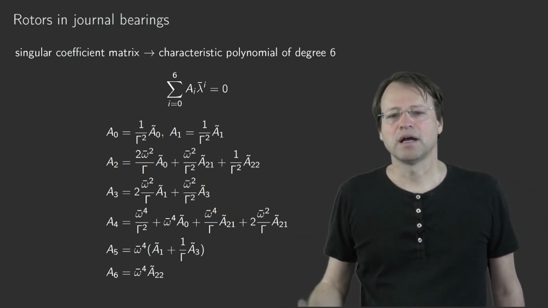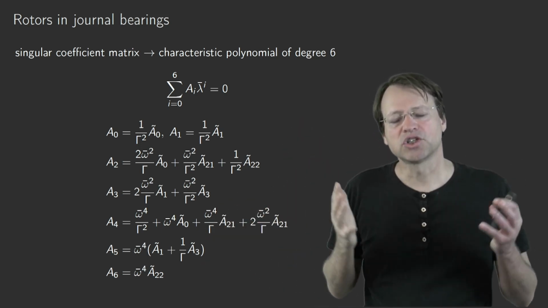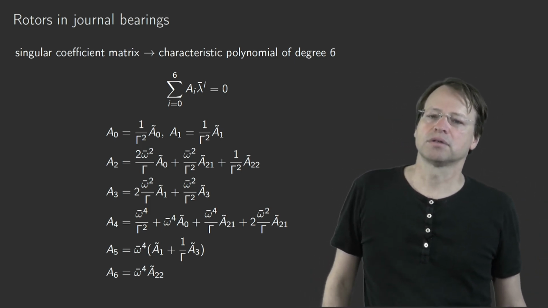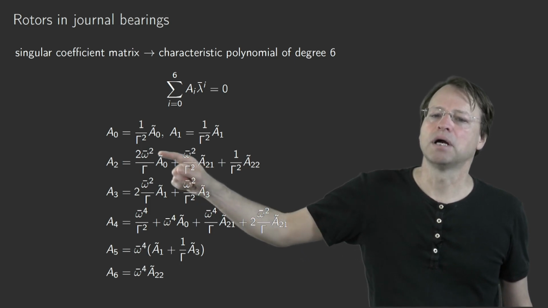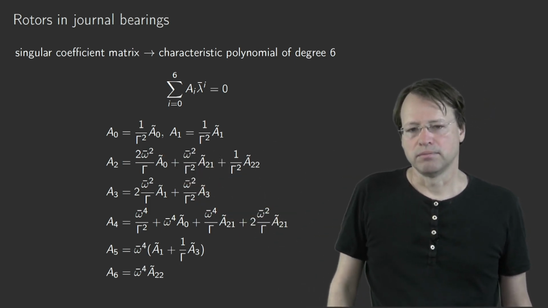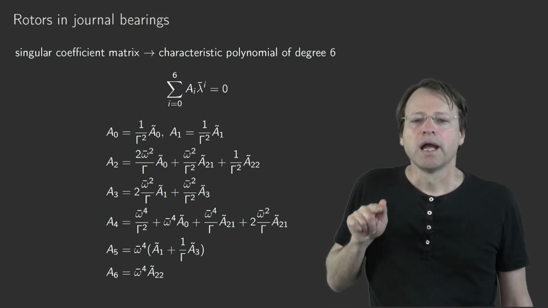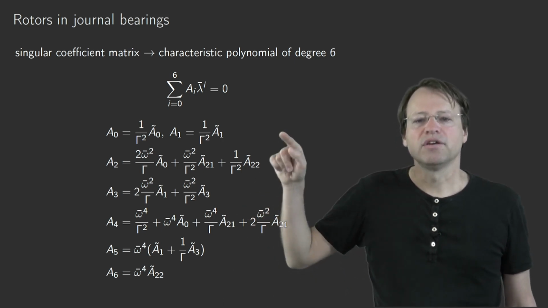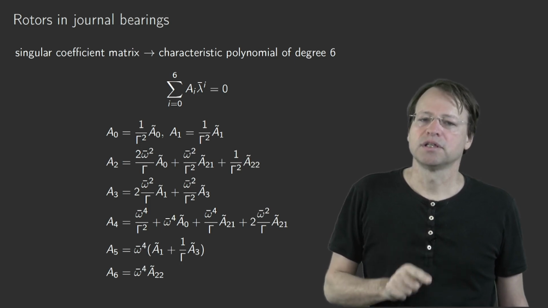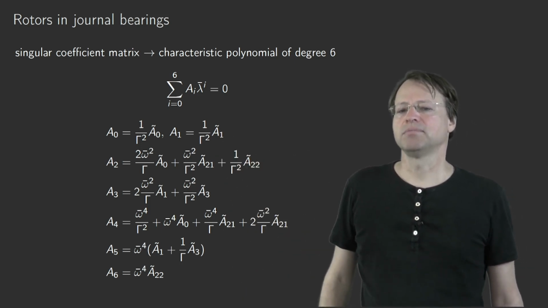So as you can see, there are no new coefficients, but they are arranged in a different way, and they are written now such that the effect of omega bar is visible, because we want to compute a limit value for the dimensionless rotational speed. And on the other hand, we want to see the influence of the gamma parameter on that dimensionless critical speed. And therefore, also gamma has been made visible here.